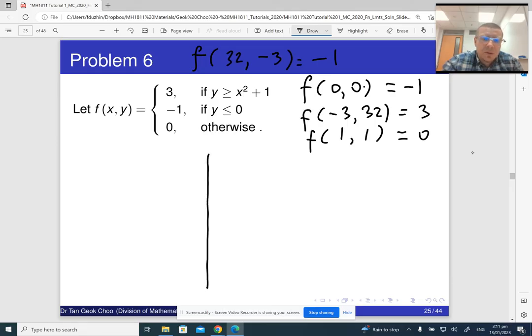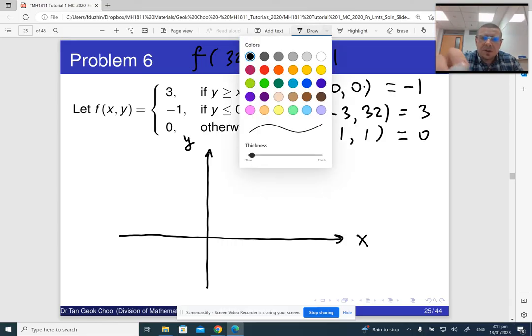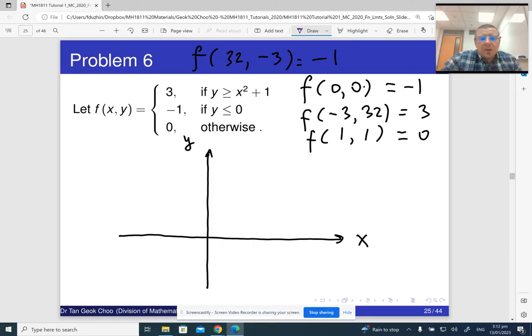So this is the plane x, y, and I'm going to use some colors to show the value of the function, right? So let me pick some color. Along the line y equals x squared plus 1, and above that line, well, it's a curved line, so it's a parabola, along this line the value of the function is 3.